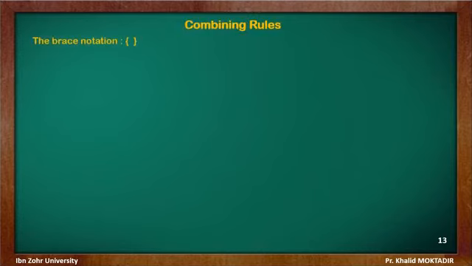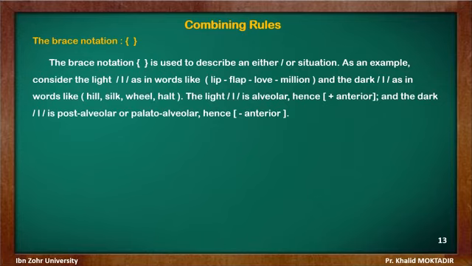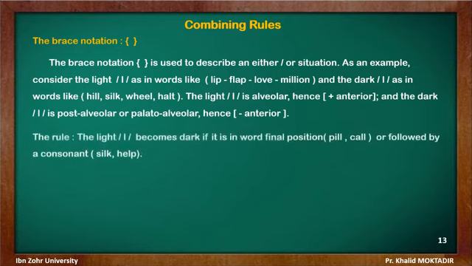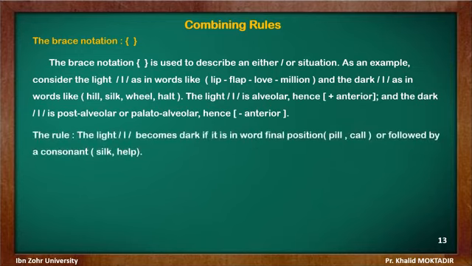Now we move on to rule combining. This is a notation that we use to combine, remember, two rules where a change happens in one context or in another. In other words, this is an either-or situation. The brace notation is used to describe an either-or situation.